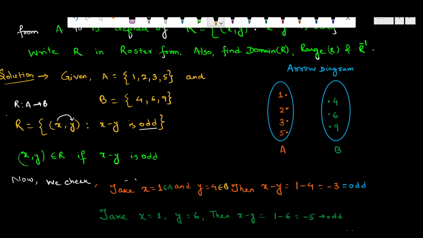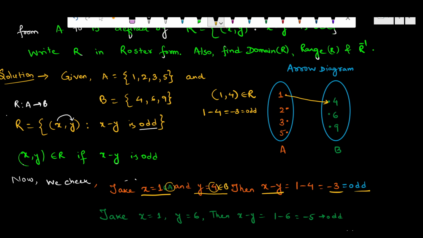Suppose we check the first pair 1, 4. Can this belong to R? Yes, as 1 minus 4 equals minus 3, which is odd. Right? See here, x belongs to A as 1 belongs to A, and y belongs to B as 4 belongs to B. We take two numbers and their difference is odd.